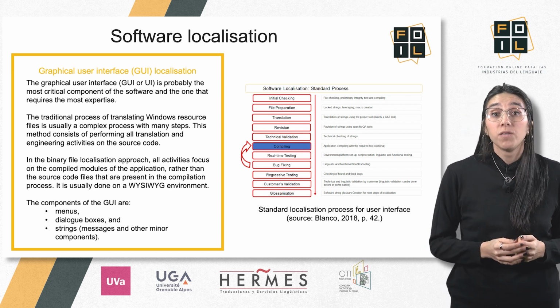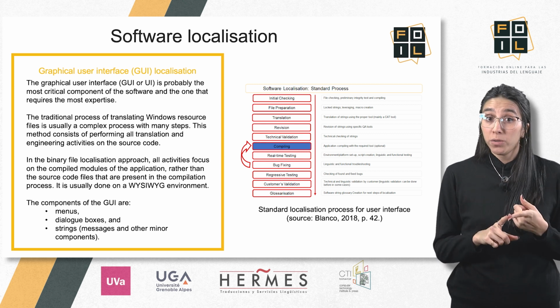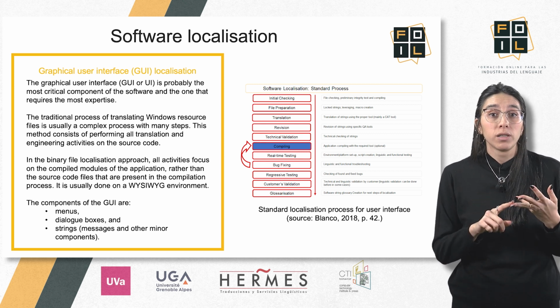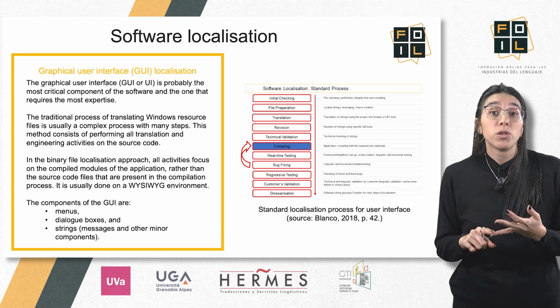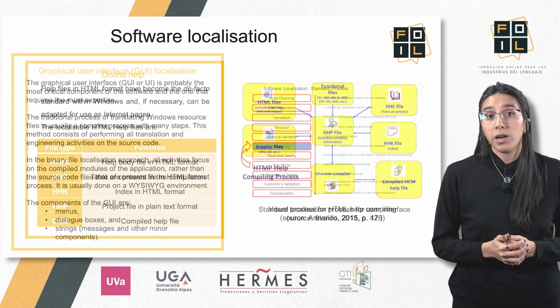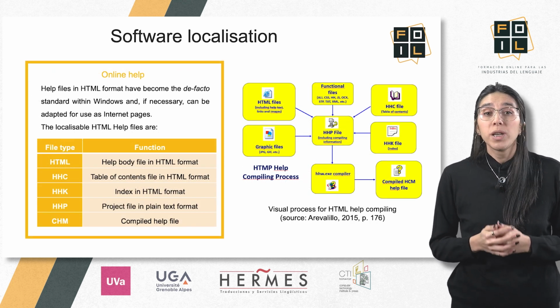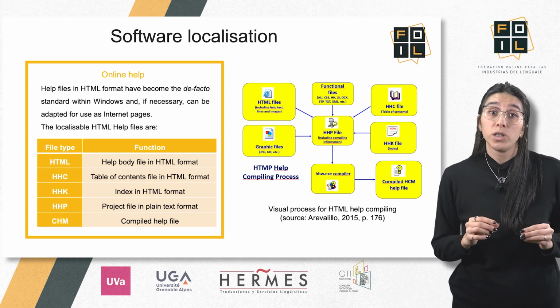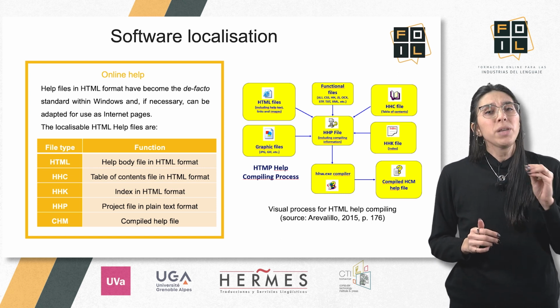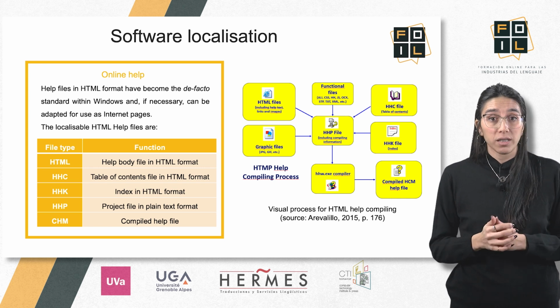The components of the GUI are menus, dialog boxes, and strings, which are messages and other minor components. Help files in HTML format have become the de facto standard within Windows and, if necessary, can be adapted for use as internet pages.